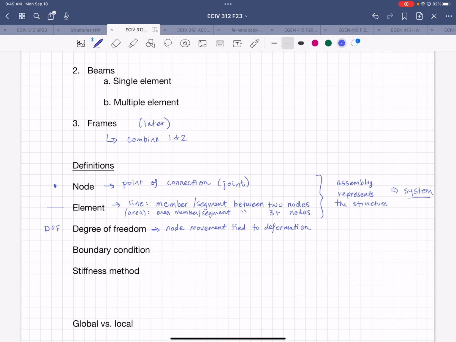And the ways that a structure could move at a node that is tied to deformation, we think of it as three different categories. You've got two orthogonal directions, right? And then rotation.